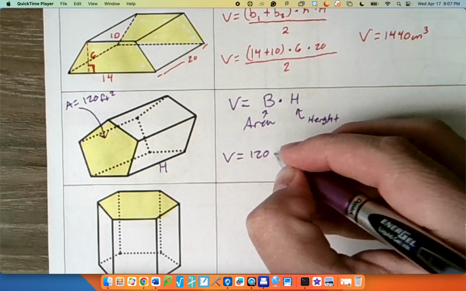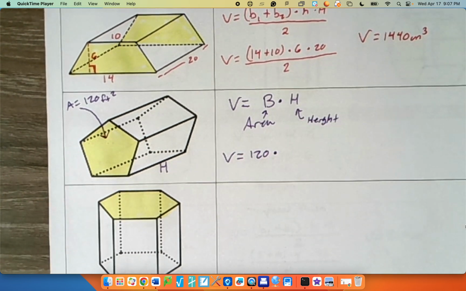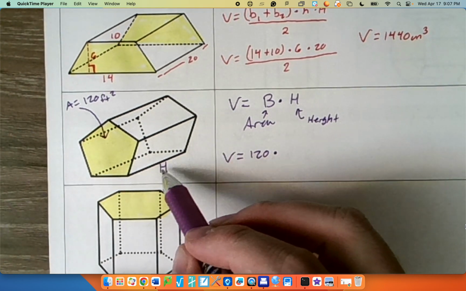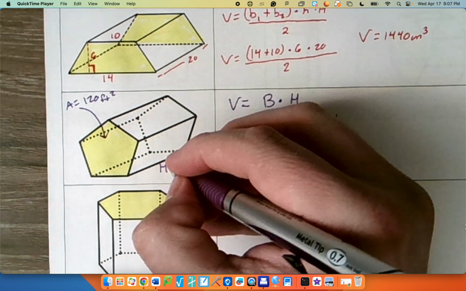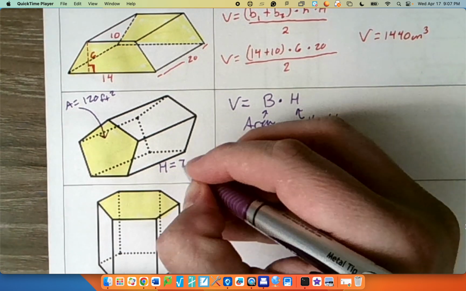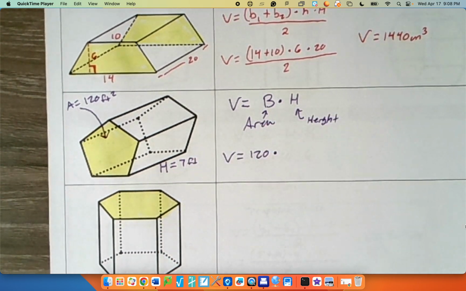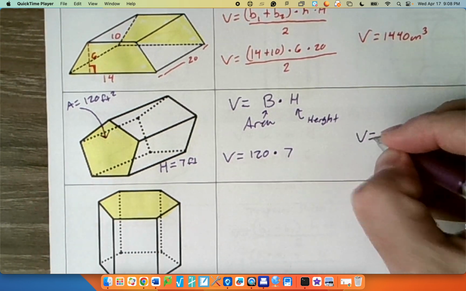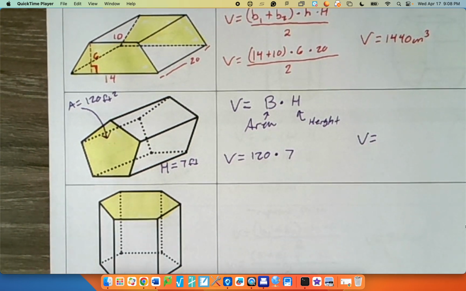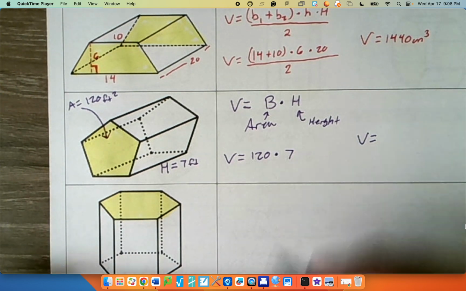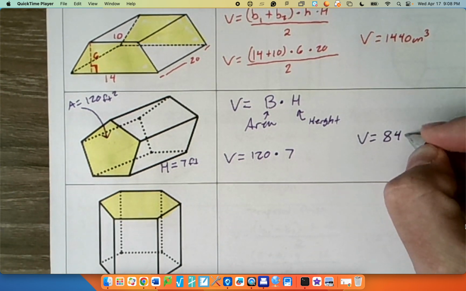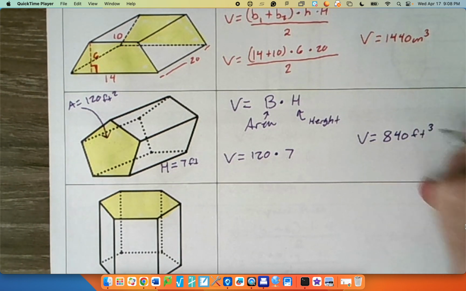You can put the 120 right there. All you would need to figure out is the height of our prism. And for this one, we're going to say that it's 7 feet. So we take the area, we multiply the height. We should get, I think it's 840, but I want to just make sure that my math is correct tonight. And that is 840 feet cubed worth of volume.